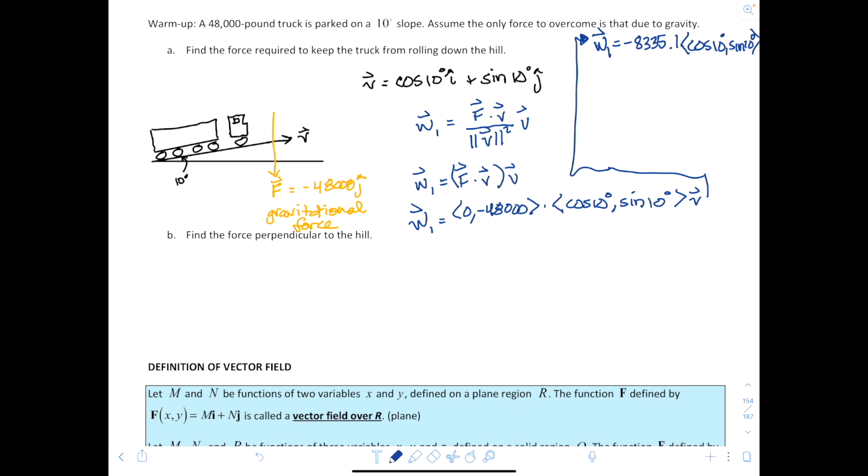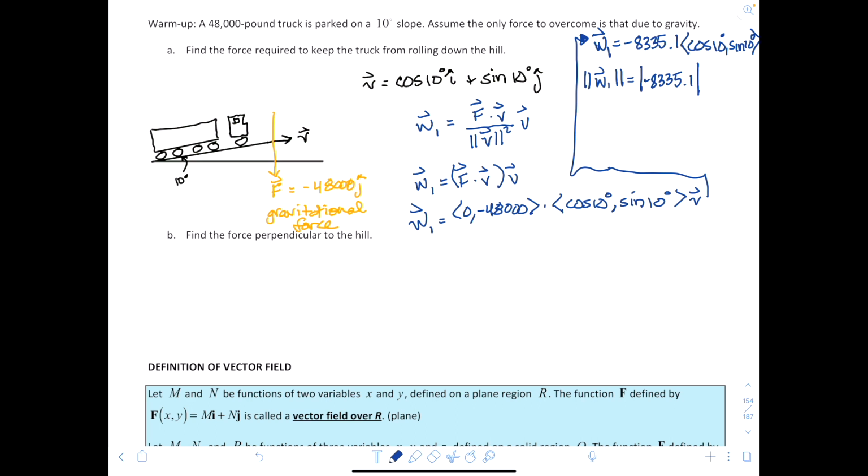Now we want the magnitude of W1, which is the force required. The magnitude of W1 is going to equal the absolute value of the constant, negative 8,335.1, times the square root of cosine squared 10 degrees plus sine squared 10 degrees.